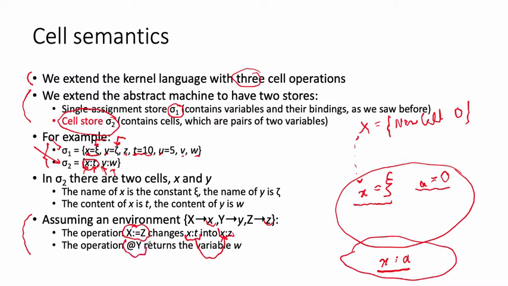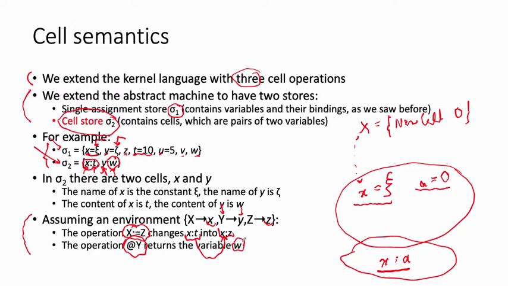And the access operation of y, so the y corresponds to little y, but the little y here has the content of w, so this will return the variable w. So you see how cells work. So there's no confusion. I don't expect you always to write down cell semantics, but if there's any confusion, then you can always make it clear by using the semantics.